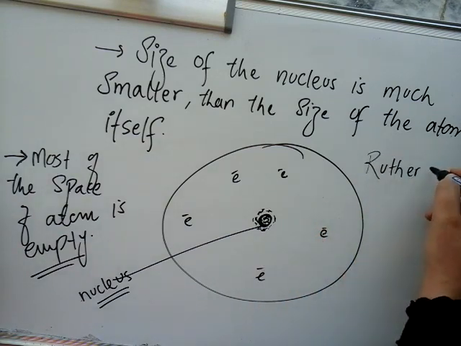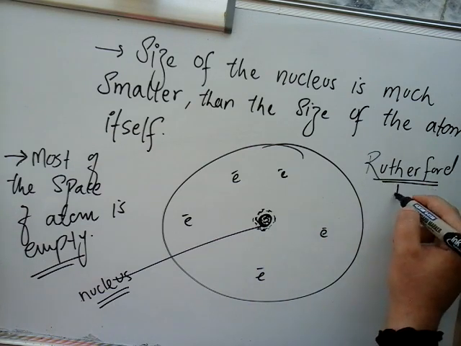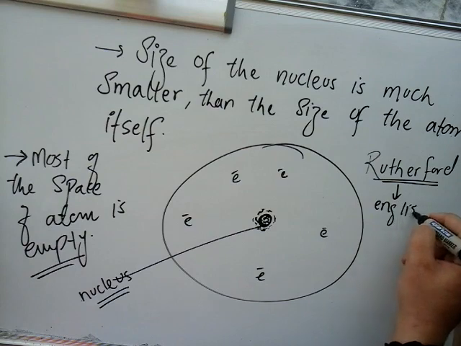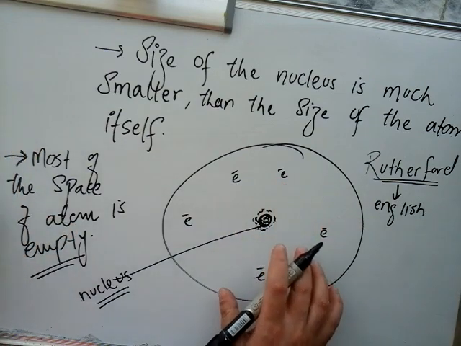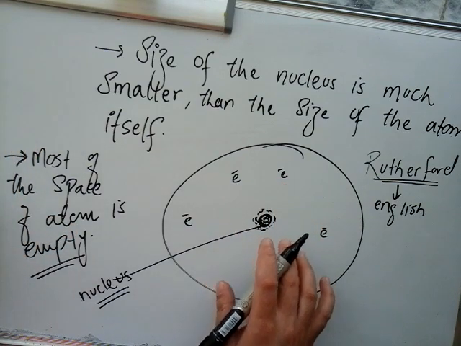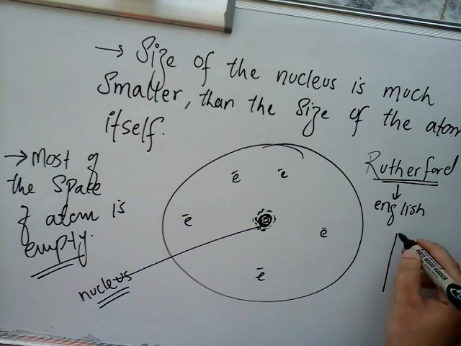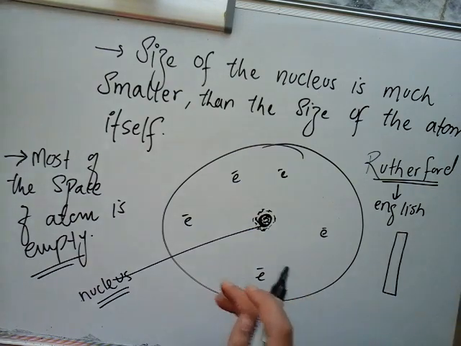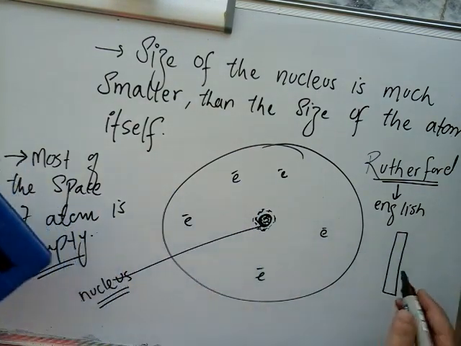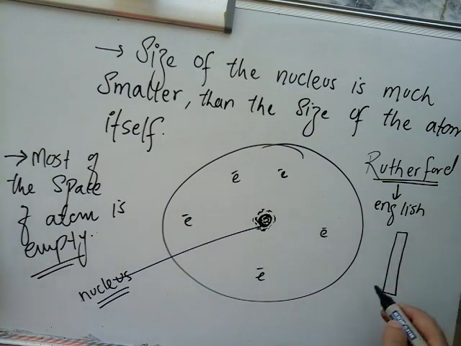This was proven by the Rutherford experiment. He was an English scientist and he proved that most of the space inside the atom is empty. He did an experiment by bombarding a gold foil with alpha particles.